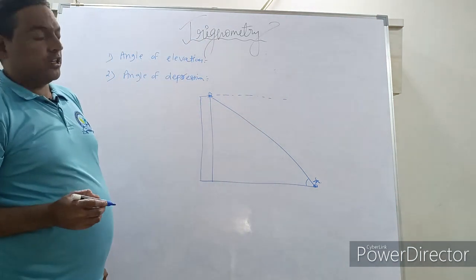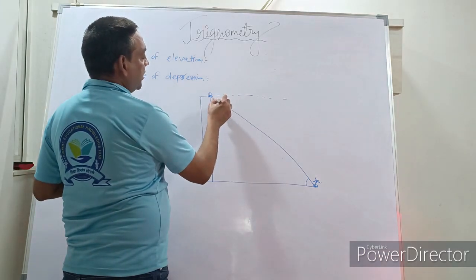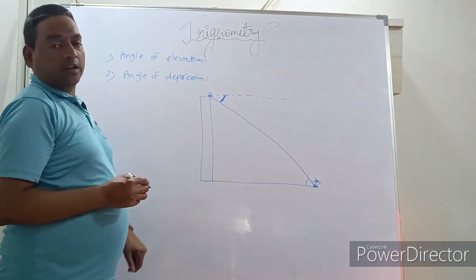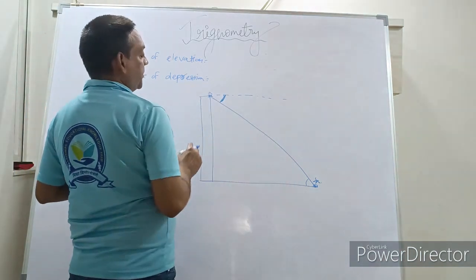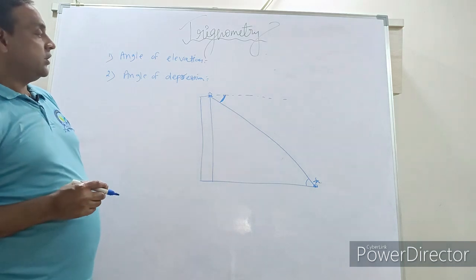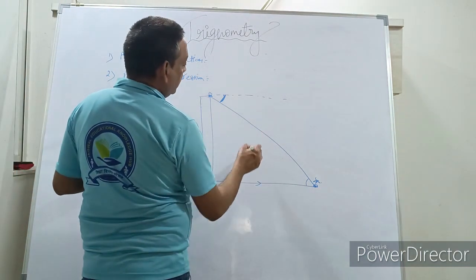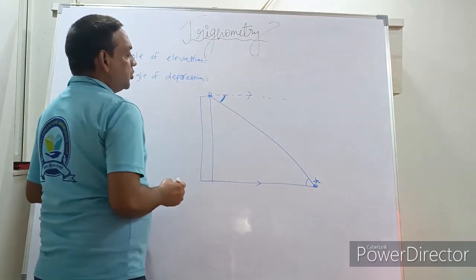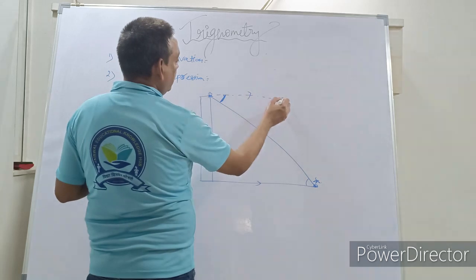If you see properly, this outside angle, not the inside, is known as the angle of depression.